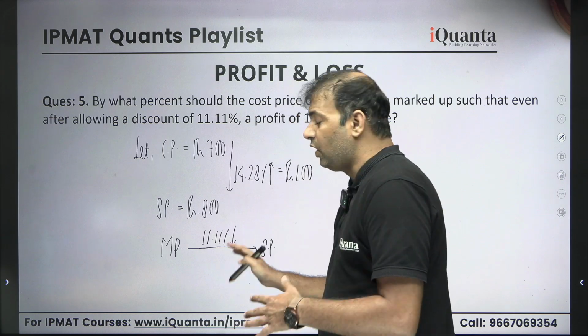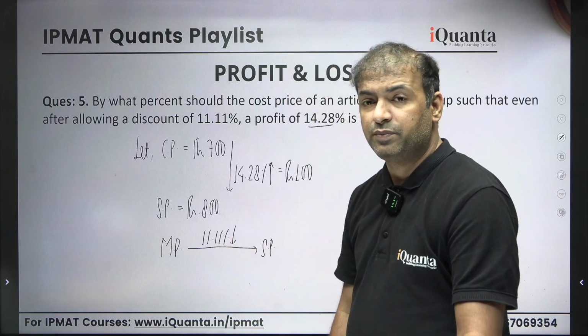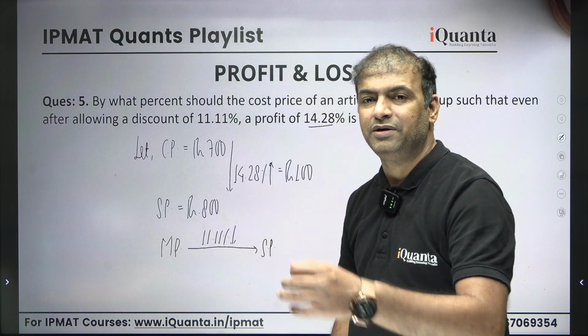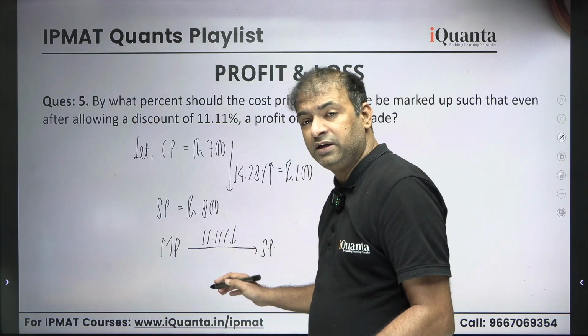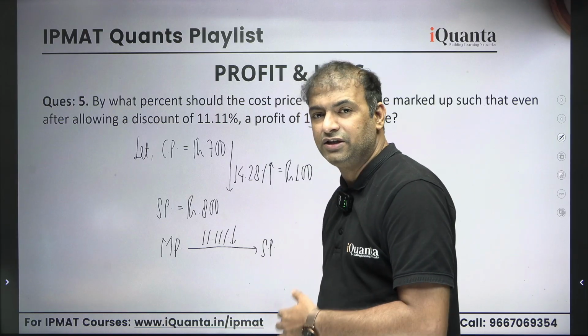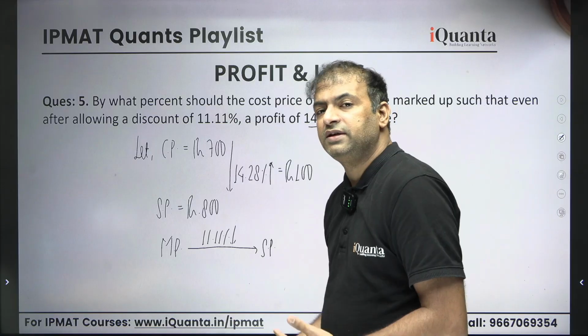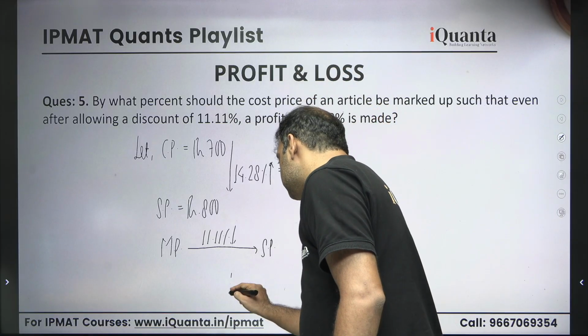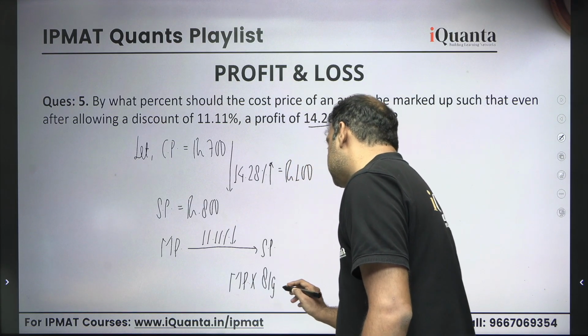All right, now with the help of this we can make an equation, right? Remember guys, 11.11% is the discount, which is a decrement. 11.11% is actually 1 by 9, right? So what should be the multiplication factor? It's being decreased, so the multiplication factor is 1 minus 1 by 9, which you can further say as 8 by 9, right? So guys, mark price into 8 by 9 has to be the selling price in the end.